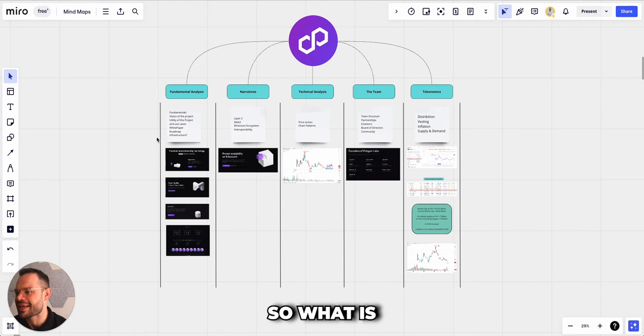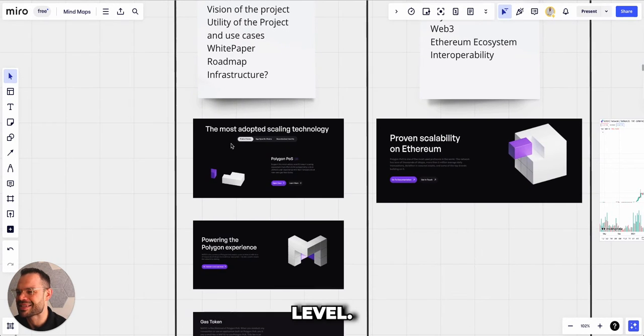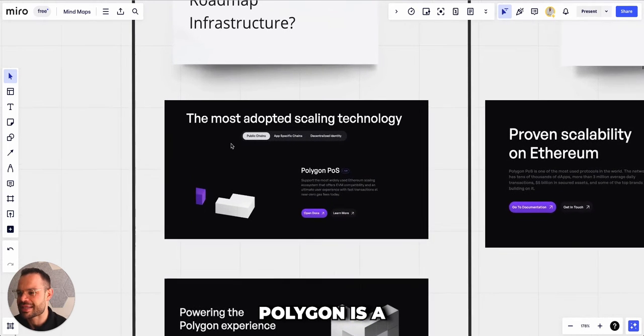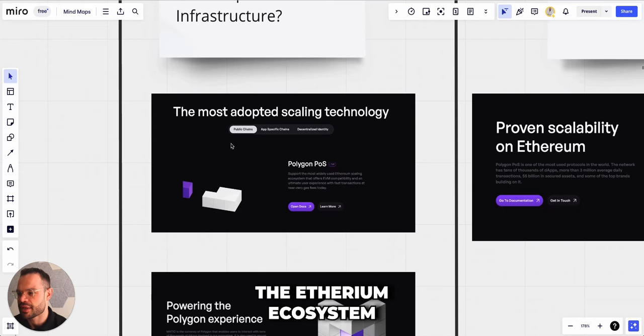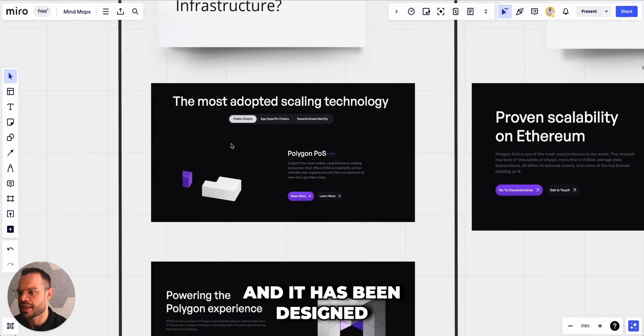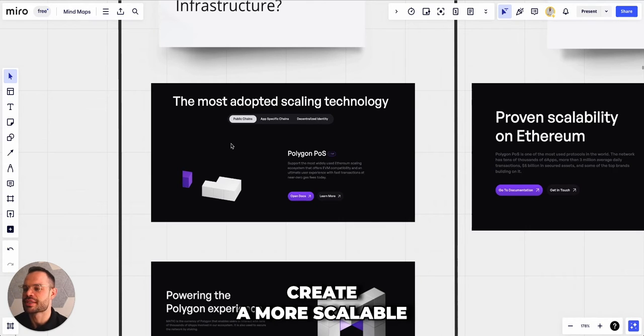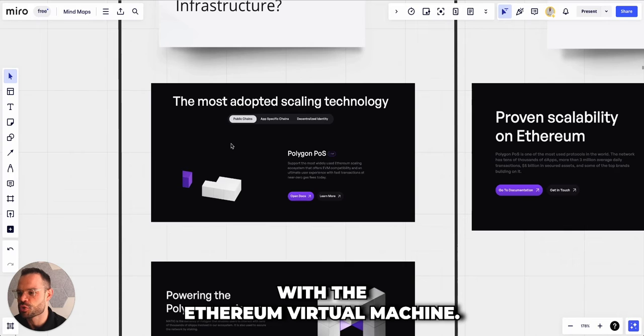So what is Polygon? Well, at a fundamental level, Polygon is a layer 2 blockchain operating within the Ethereum ecosystem, and it has been designed to create a more scalable way for people to transact with the Ethereum virtual machine.